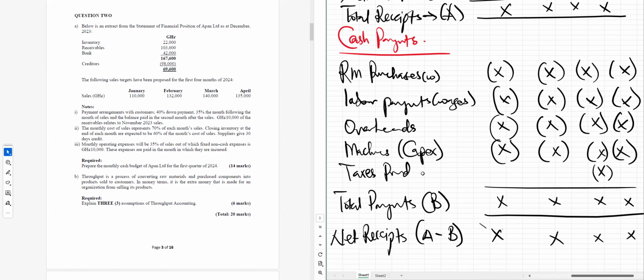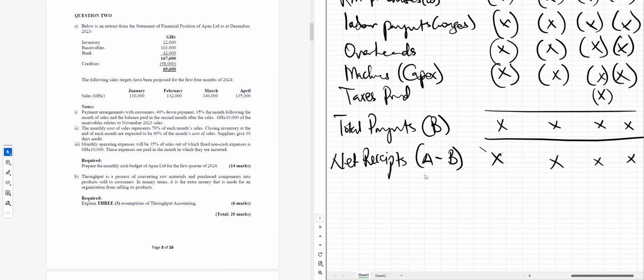Once you get your net receipt, sometimes I call it net cash flow, you are now going to add your opening cash and cash equivalent. So opening cash or bank balance, right? You add it here. Let's call this XA. And add it at the end, right? Because your opening is just one, and it affects the total column too.